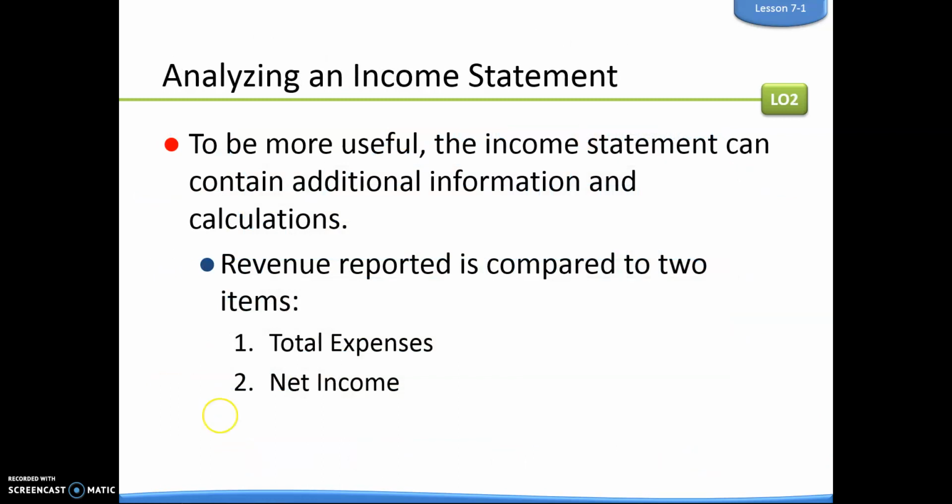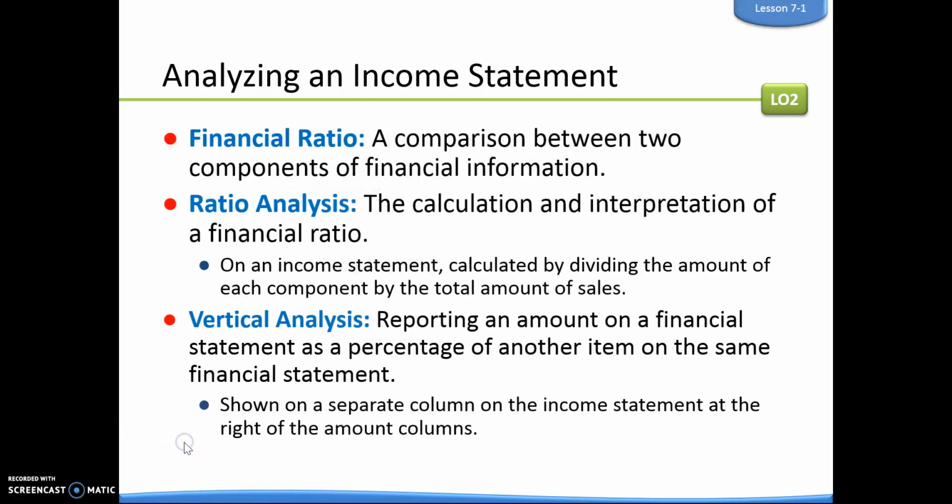So in order to have our income statement be more useful, typically we do a few additional calculations. And when we do this, we compare our revenue to 2 separate items. One is total expenses and one is net income. So what we call this is doing a financial ratio. Remember, a financial ratio is simply a comparison between 2 components of financial information.